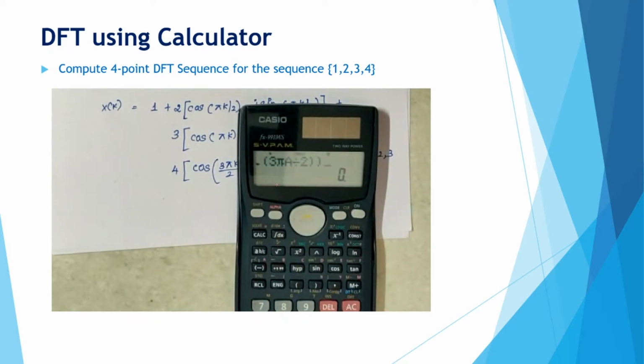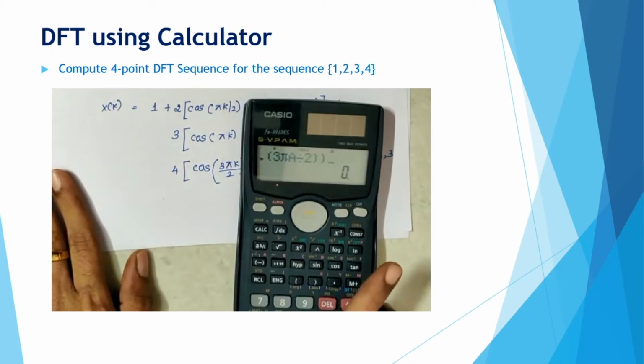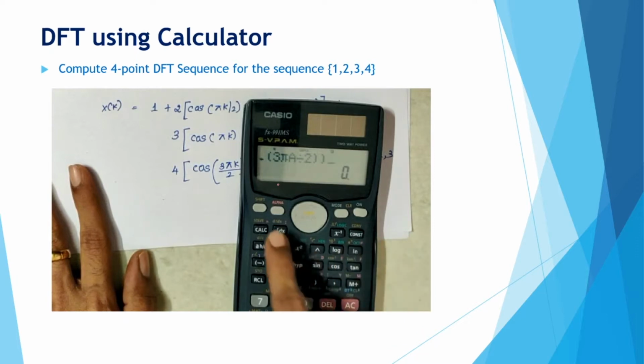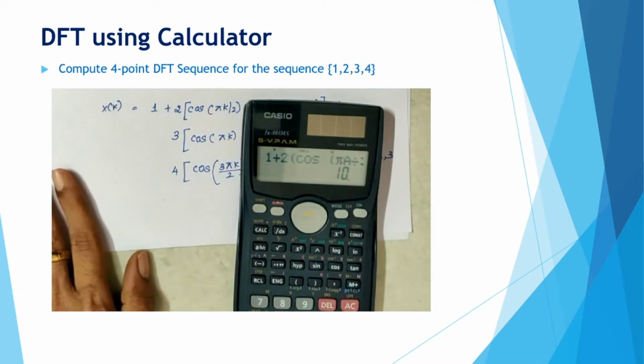Now what I have to do is compute for every value of k, correct? Which means I have to compute for 0, 1, 2, 3. For that I have to use the button CALC. So first, what is the value of a? It is 0, correct? So the real part is 10.